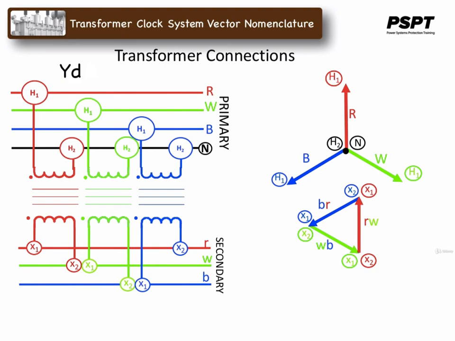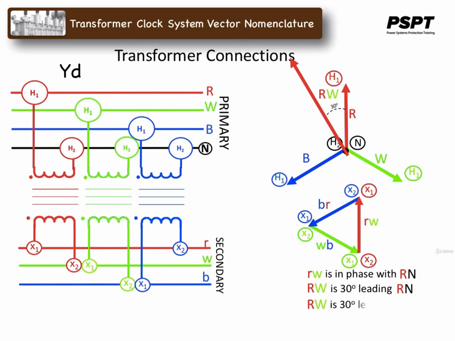For the Y-delta connection, we have been through this exercise before, and we saw that the red to white secondary is in phase with the red to neutral primary, and that the red to white primary voltage is leading the red to neutral primary voltage by 30 degrees, meaning that the red to white primary voltage is leading the secondary red to white voltage by 30 degrees.